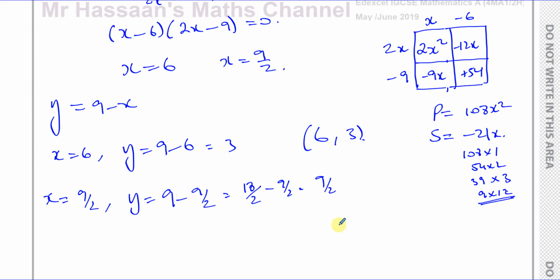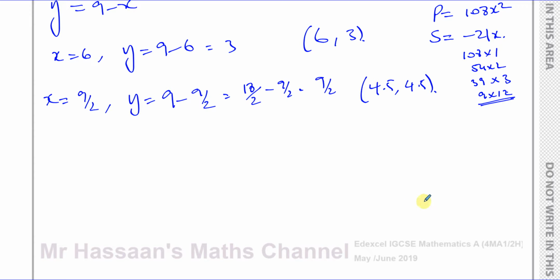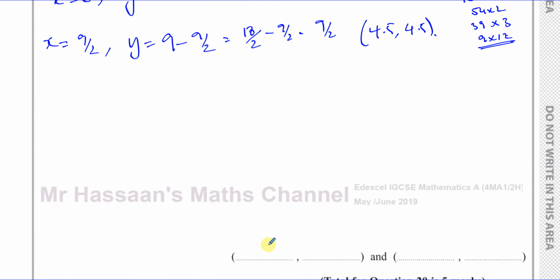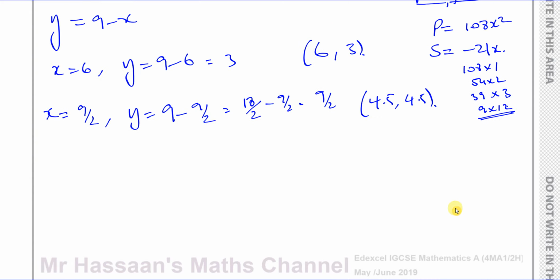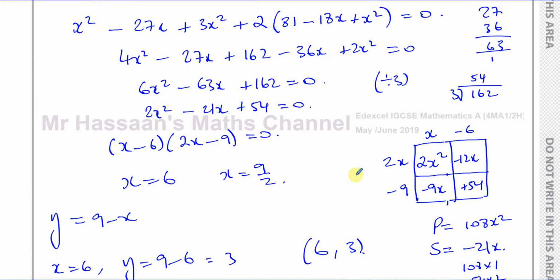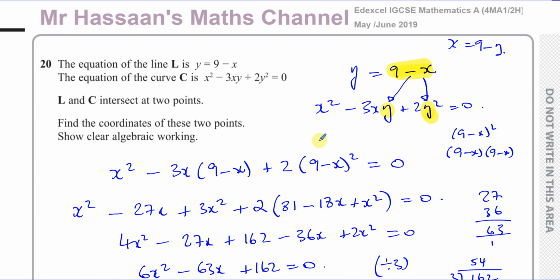So it's 4.5 and 4.5. Okay, so we now have 6, 3 and 4.5, 4.5.